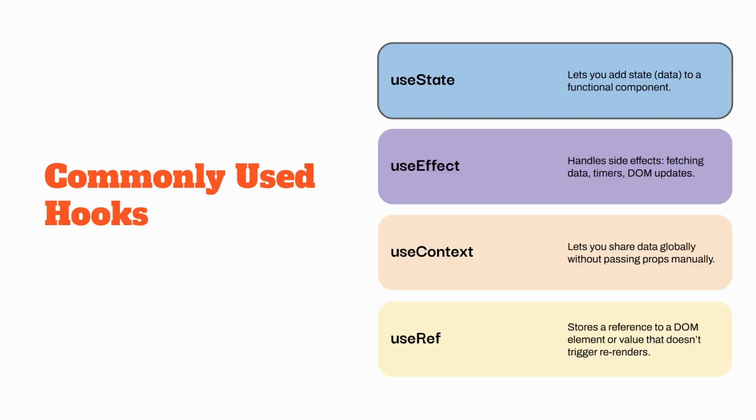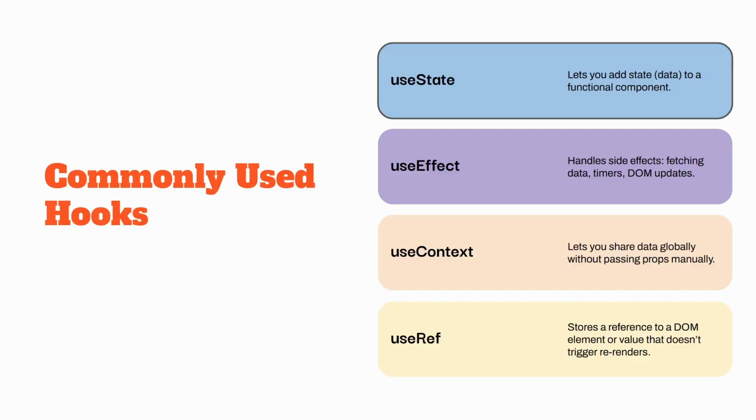What a state is, I will show you when I use the code. Then useEffect is usually used when you want to handle side effects. For example, when your app loads, you want to send some API request.